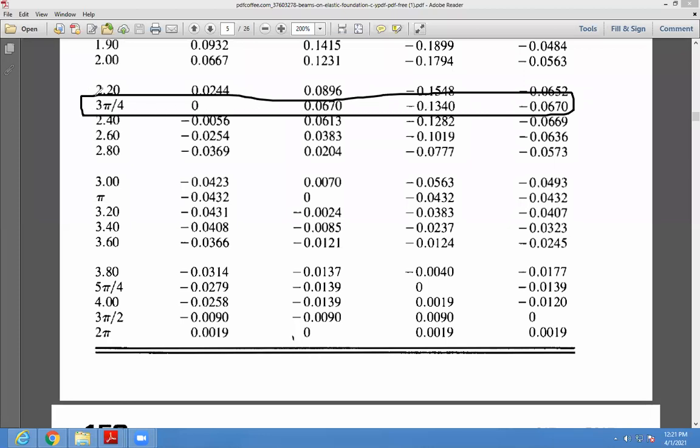At beta x equal to 3 pi by 4, a beta x is 0, and d beta x equal to minus 0.0670.